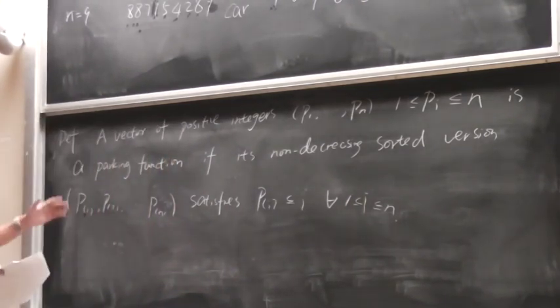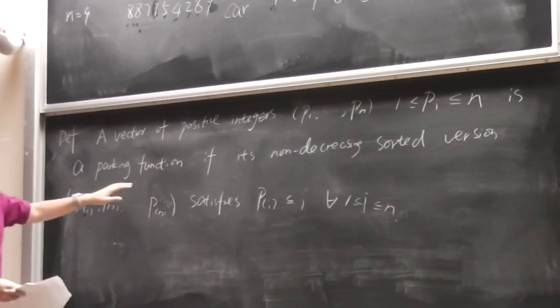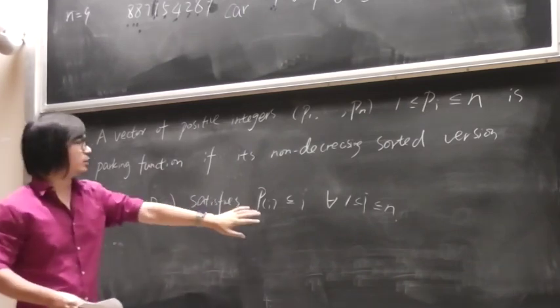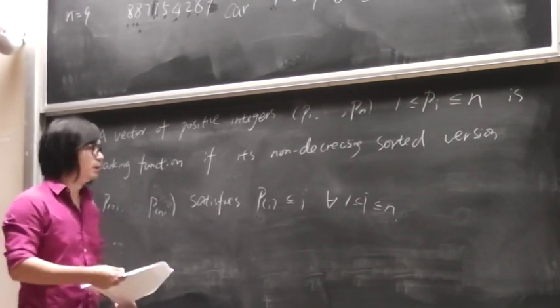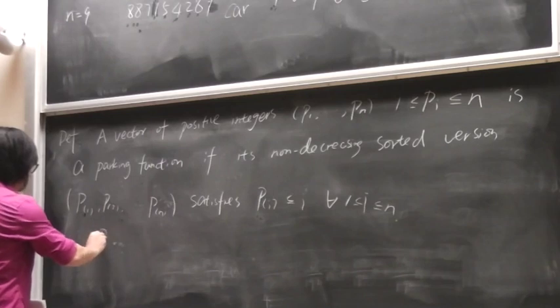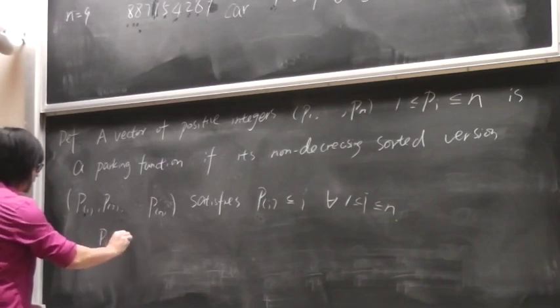Of course, they are equivalent. If this is not true, it means that for some j, P(j) is greater than j.